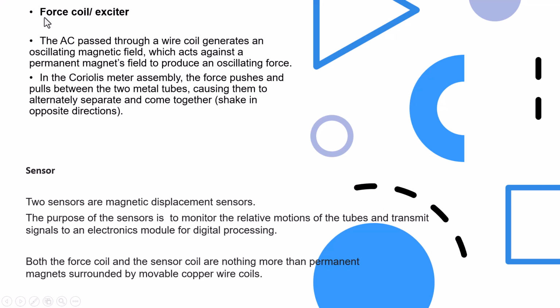The force coil creates an oscillating force. In the Coriolis meter assembly, the force pushes and pulls between the two metal tubes, causing them to alternately separate and come together, shaking in opposite directions. The two sensors are magnetic displacement sensors. The purpose of the sensor is to monitor the relative motion of the tubes and transmit the signal to the electronics for digital processing.